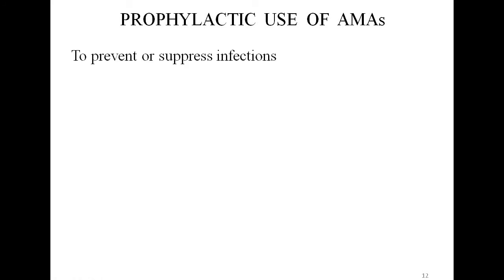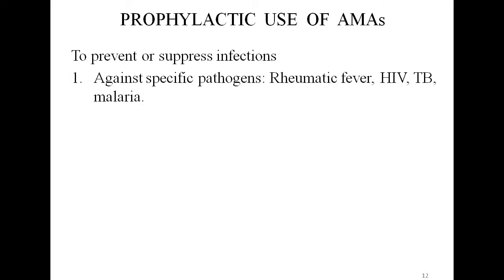To prevent or suppress infections against specific pathogens, for example, in rheumatic fever, HIV, tuberculosis and malaria. For example, in a household where there is a patient who is positive for tuberculosis, the other members of the family are given prophylactic anti-tubercular drugs.